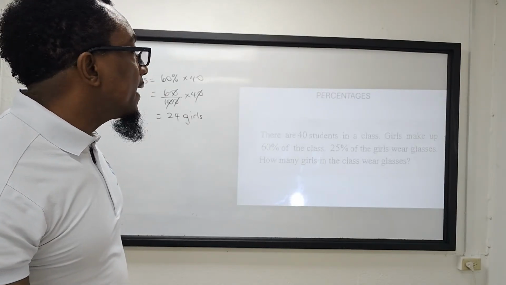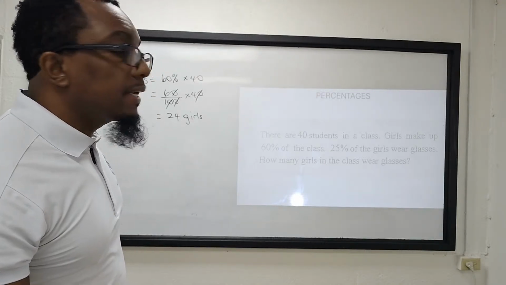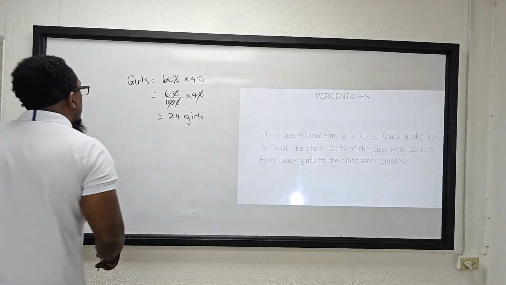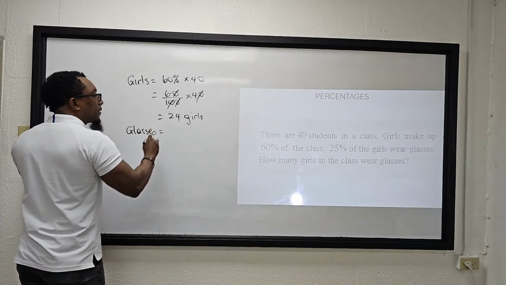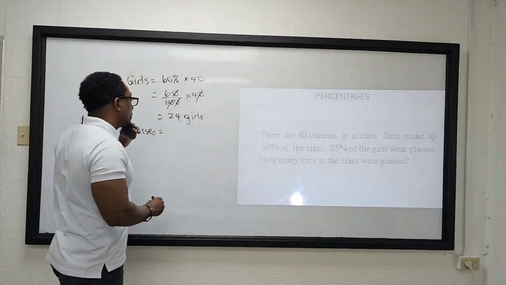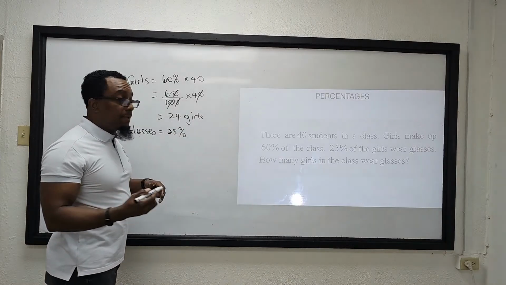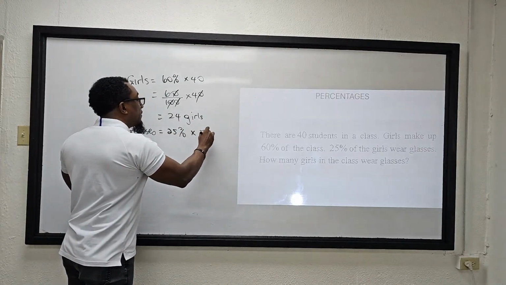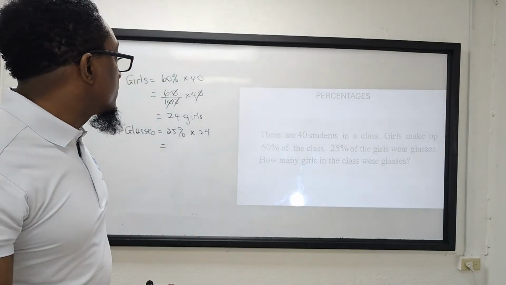25% of the girls wear glasses. 25% wear glasses. How many girls in the class wear glasses? So, glasses, 25%, so that is 25 all over 100 of 24. 25% of the girls wear glasses.